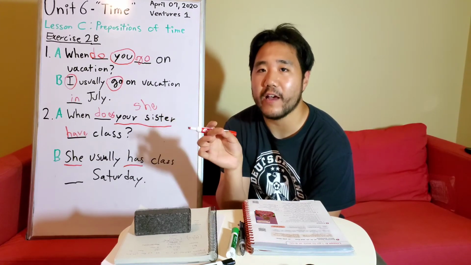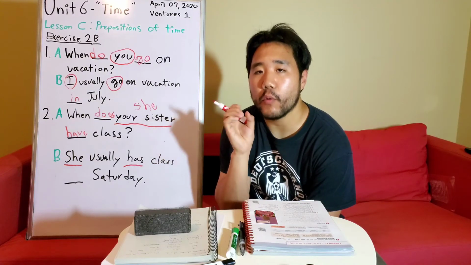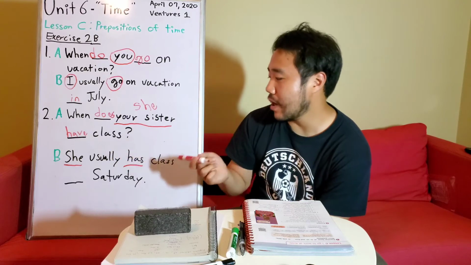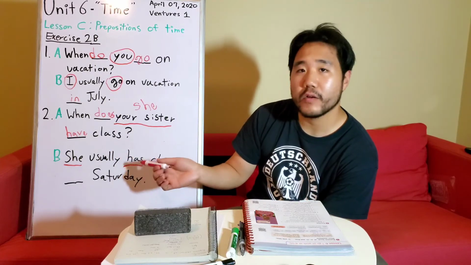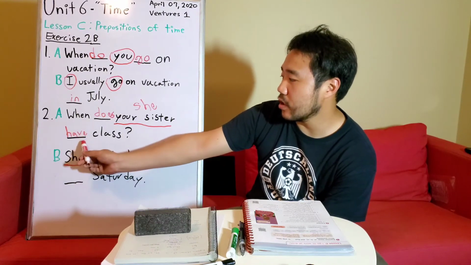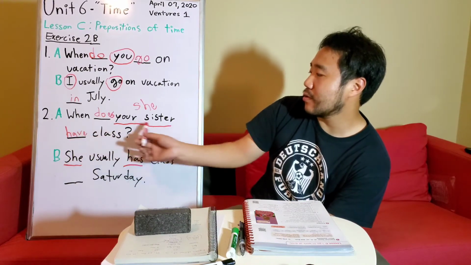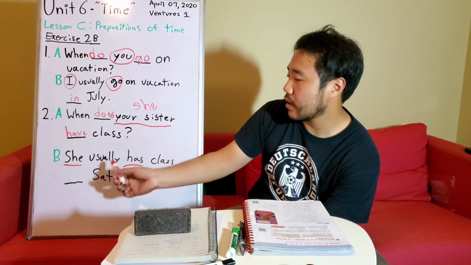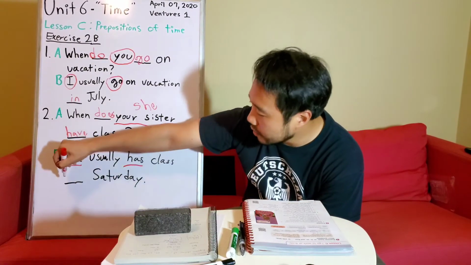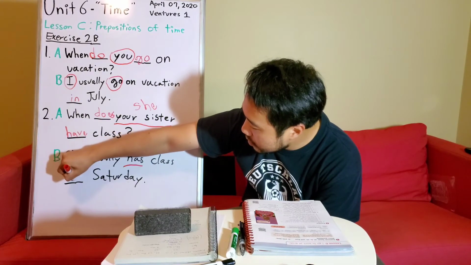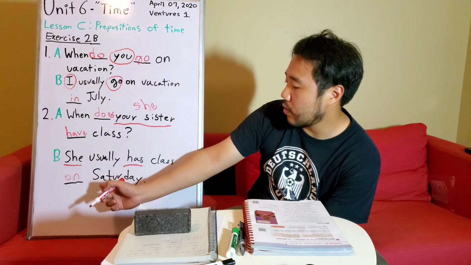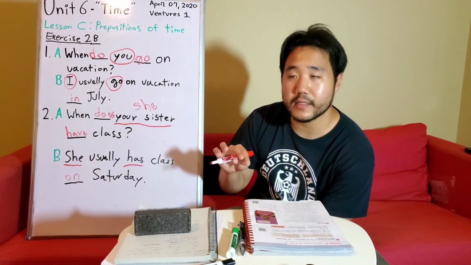You have to use have, H-A-V-E. But when you answer a question, when you have a statement, then you have to use has when your subject pronoun is he or she. So here, you're going to use have. So when does your sister have class? She usually has class on, because the preposition for a day or date is on.